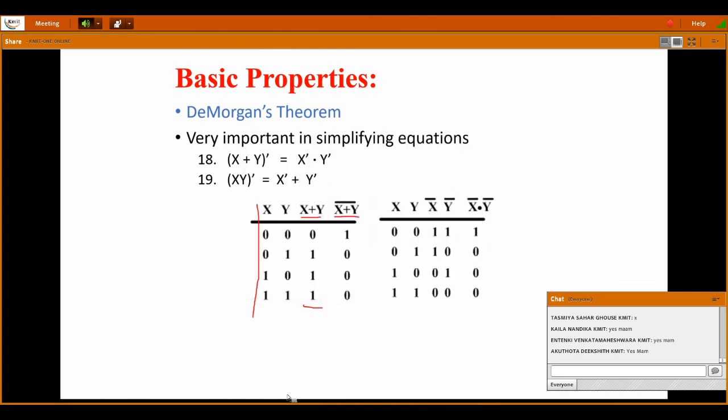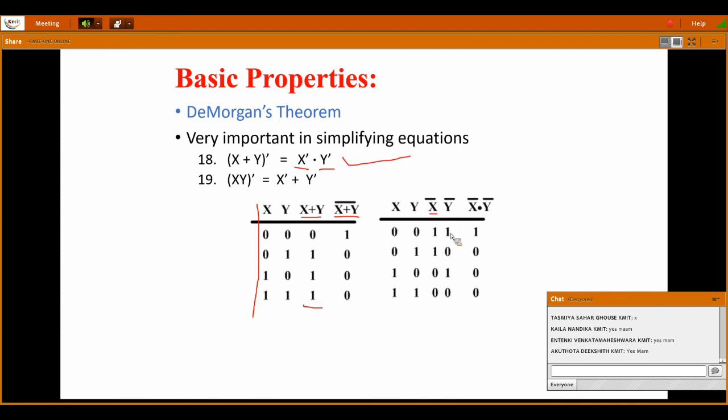If you see these two truth tables, they show the realization of equation 18. Same thing, and x bar is also being taken because we want x bar and y bar here.